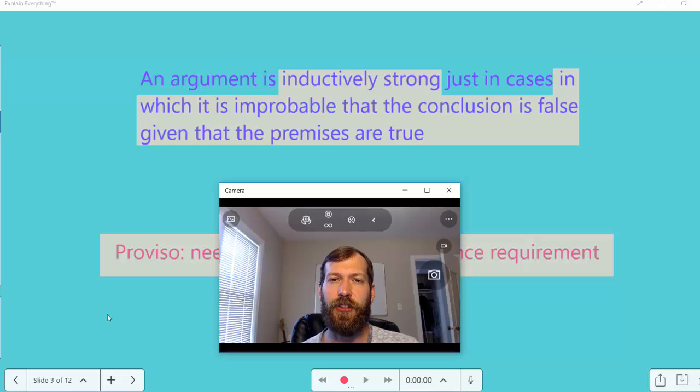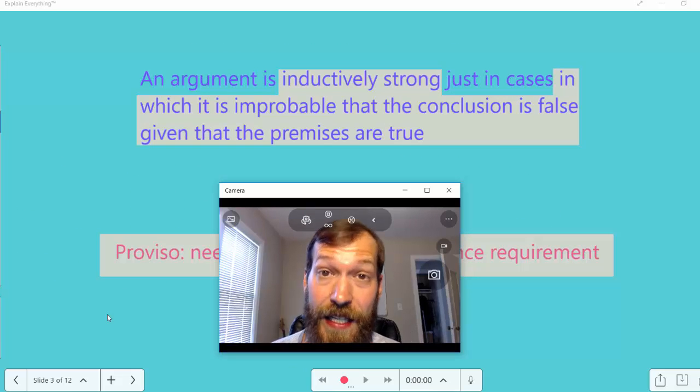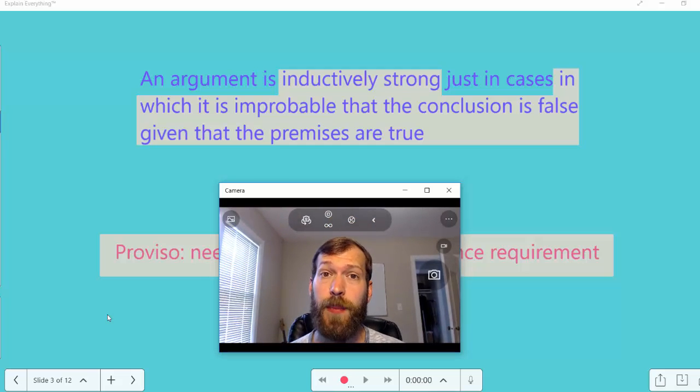All right, so let's take a look at when an argument is inductively strong. An argument is inductively strong just in cases in which it is improbable that the conclusion is false, given that the premises are true.